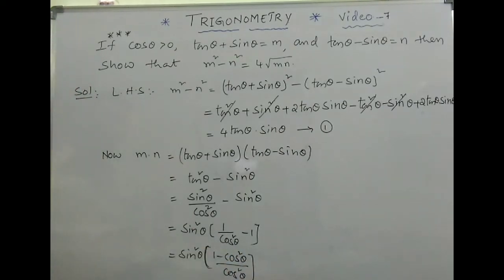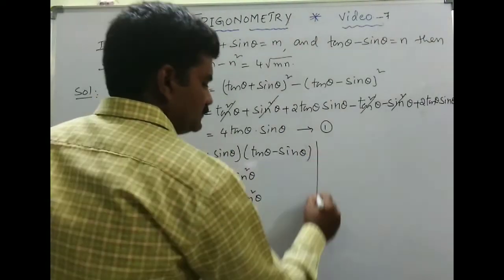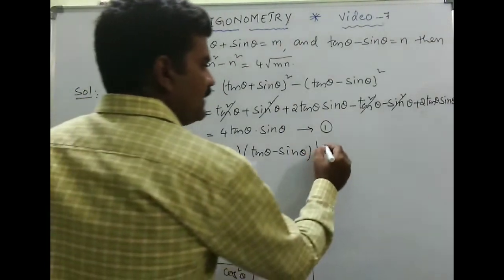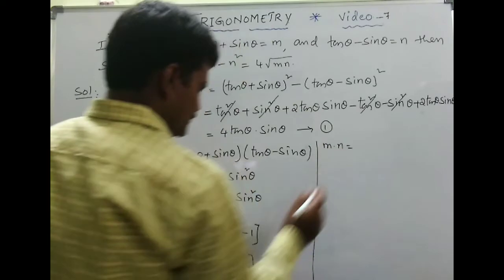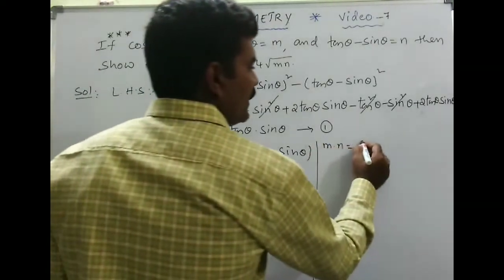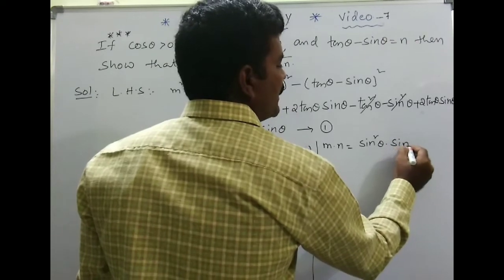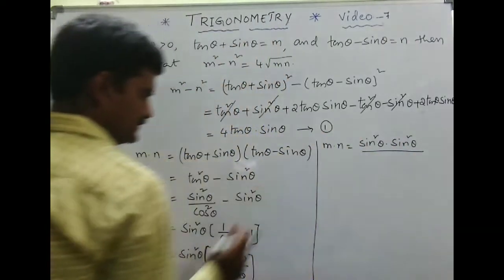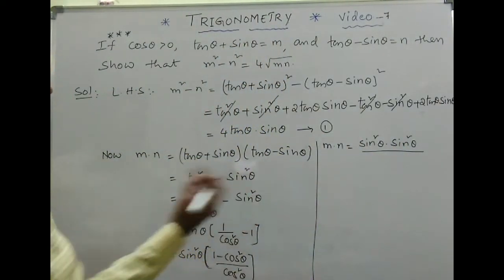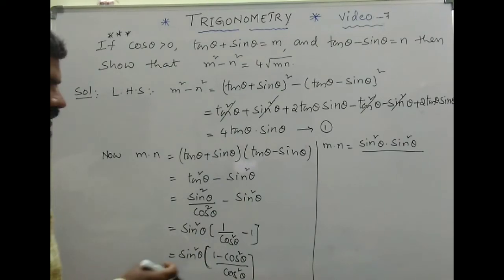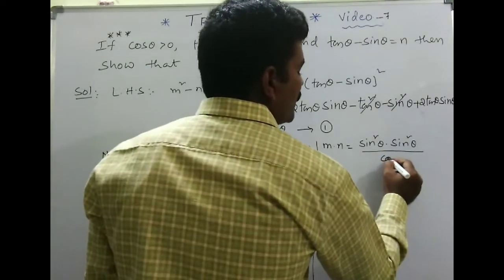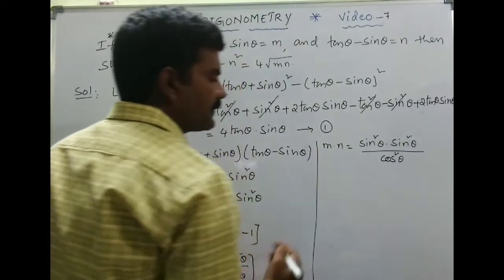Okay. So m into n value is equal to sin square theta into 1 minus cos square, which is also sin square theta, since 1 minus cos square is again sin square from the identity, whole divided by cos square theta.